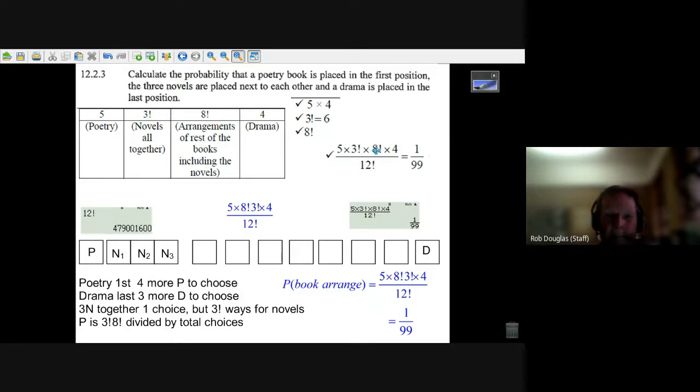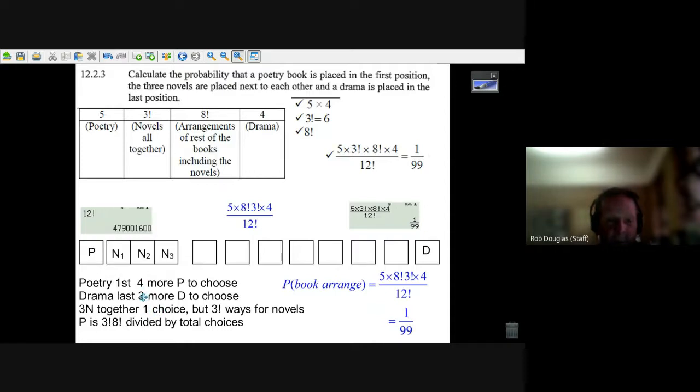So there's 5 times 3 factorial times 4. How did we come up with 8 factorial here, though? Well, I'll tell you, this is how I did it. I figure if I choose a poetry book, I've got four other choices where the books can go. If I choose a drama at the end, I've got three more. The three novels have to go together as one choice.